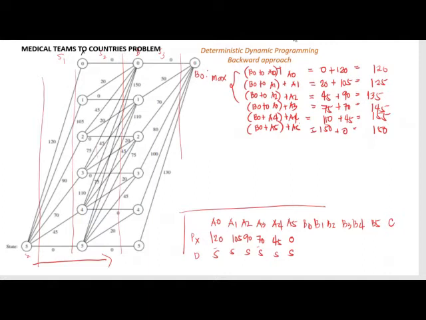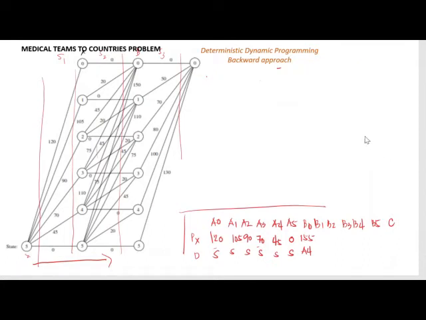The maximum is 155. So B0 is 155, and it's actually coming from A4. Okay, we're done with B0. I will just erase this.